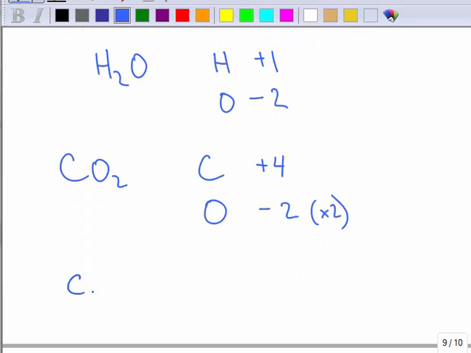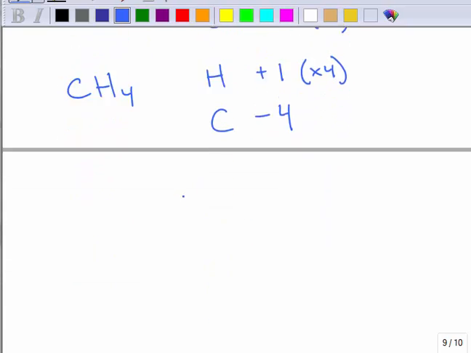On the other hand, if we had carbon in the compound methane, CH4, each of those hydrogens is +1, and there are 4 of them. So that carbon must be a -4 oxidation state. So we're going to use the oxidation states of oxygen or hydrogen to predict the oxidation state of the other elements in a particular compound.